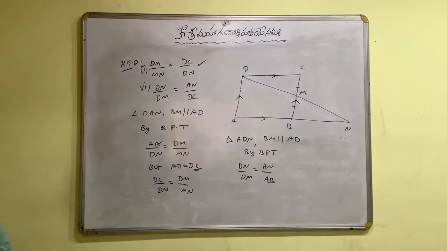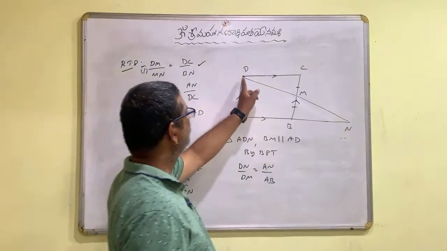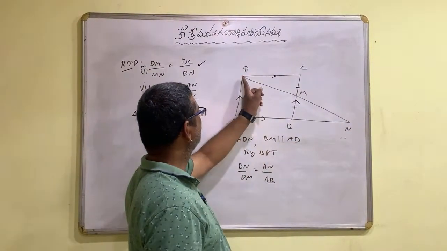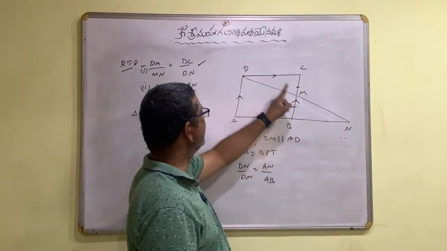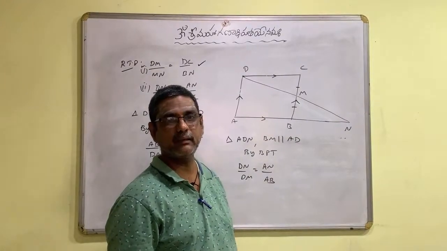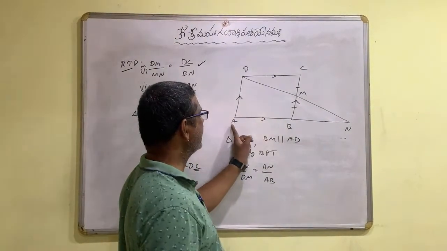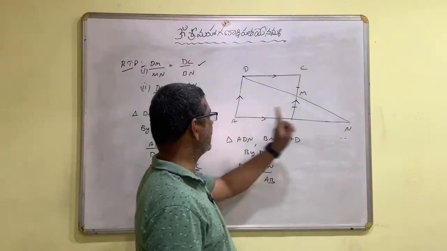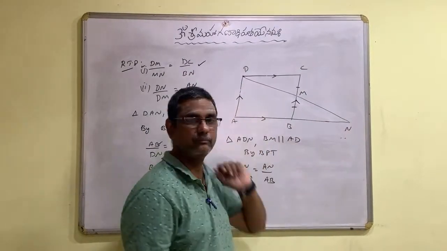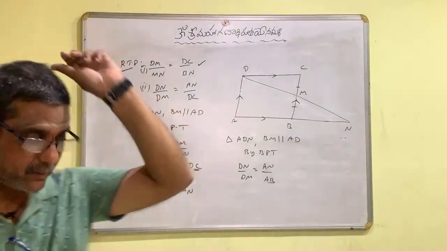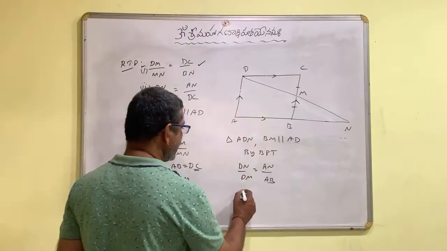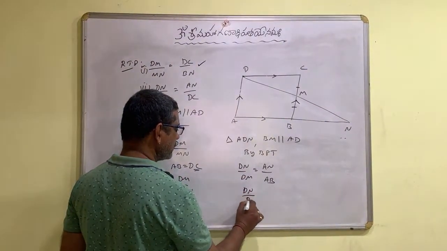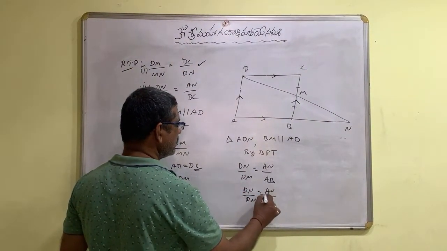Part by total by part: DN by DM, second part, is equal to AN by AB. Now instead of AB I can write DC.